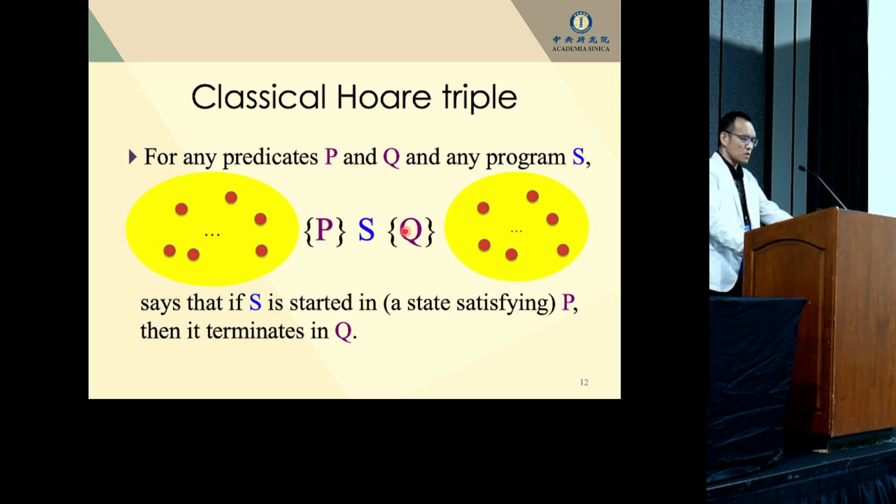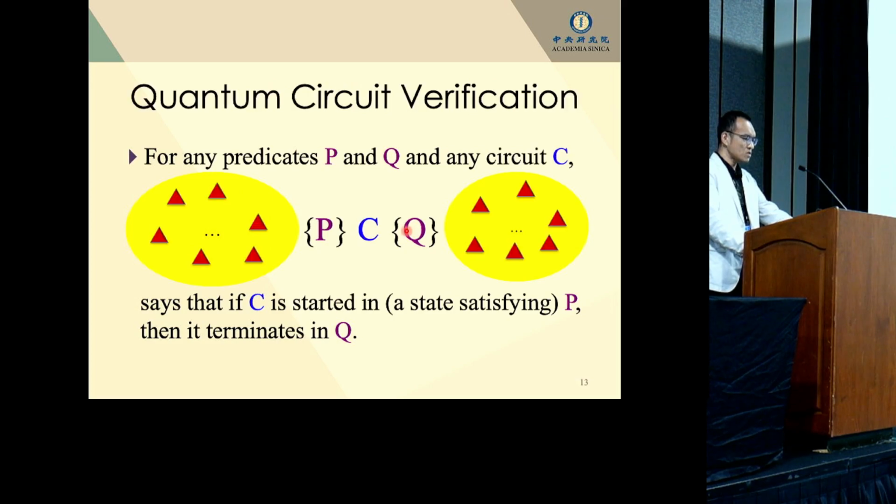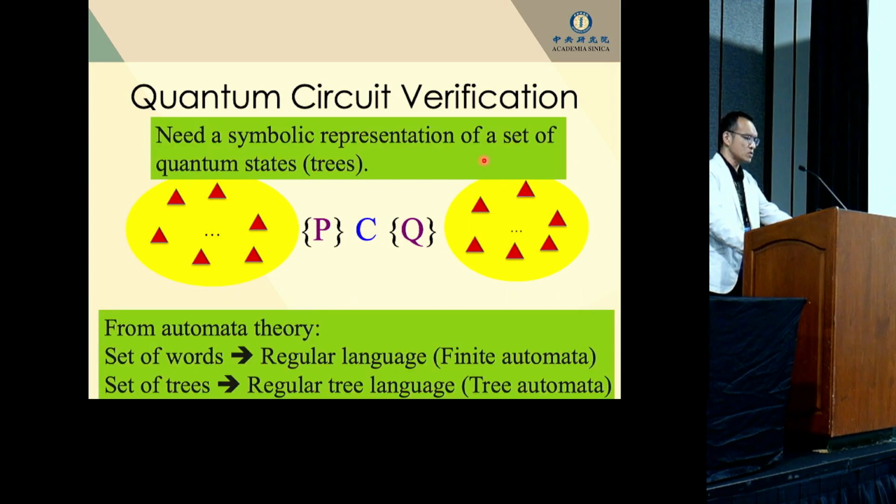In the quantum world, it's actually something very similar. P and Q are now sets of quantum states, sets of decision trees. We want to check whether, after you run the program, all the trees that you start with end up as some tree allowed by the postcondition. If we want to do this fully automatically, we need a good symbolic representation for a set of trees, a set of quantum states.